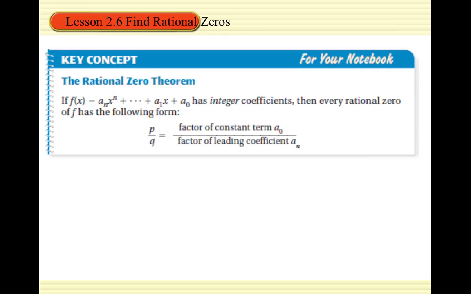So p would be a factor of the constant, so the last term of the equation, and q would be a factor of the leading coefficient for the function.